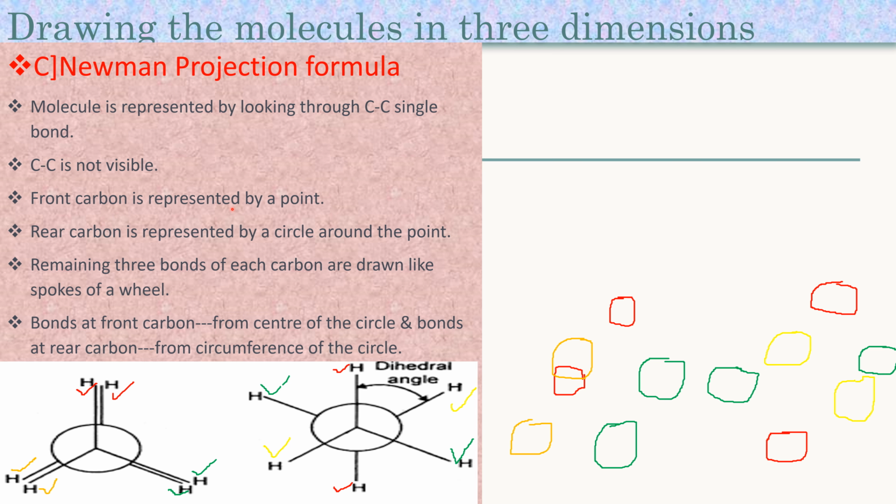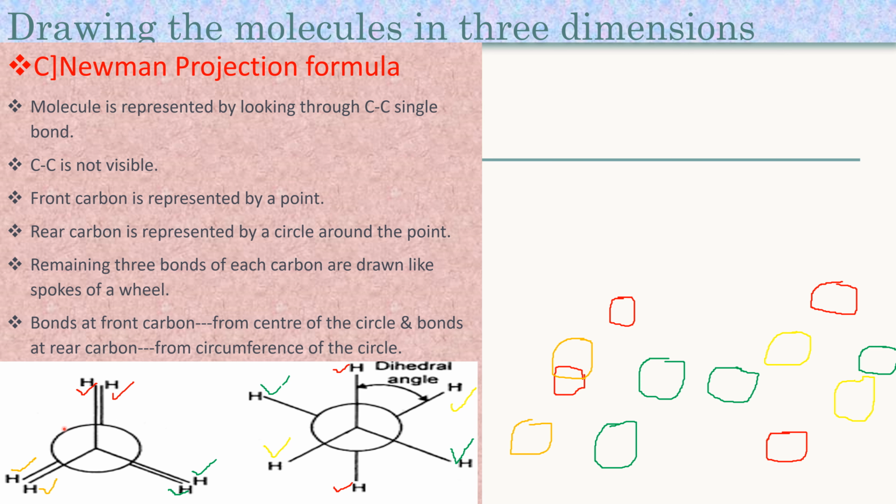Now the front carbon atom is represented by a point. While representing this molecule on paper, the front carbon atom is represented by a single point. Only a point is given and it is considered to be the front carbon atom. Then the rear carbon atom, rear means backside carbon atom, is represented by a circle around the point.